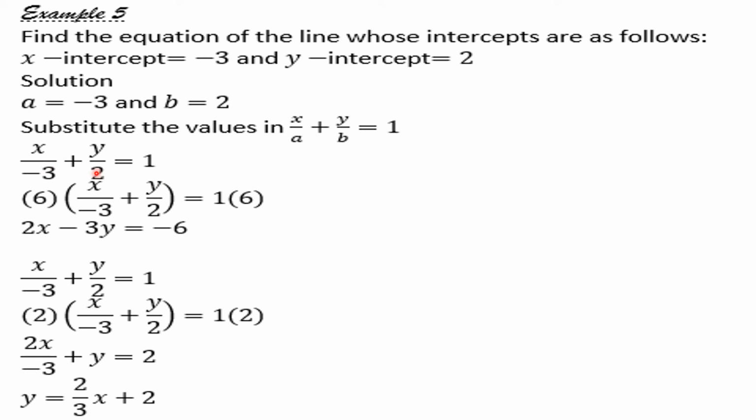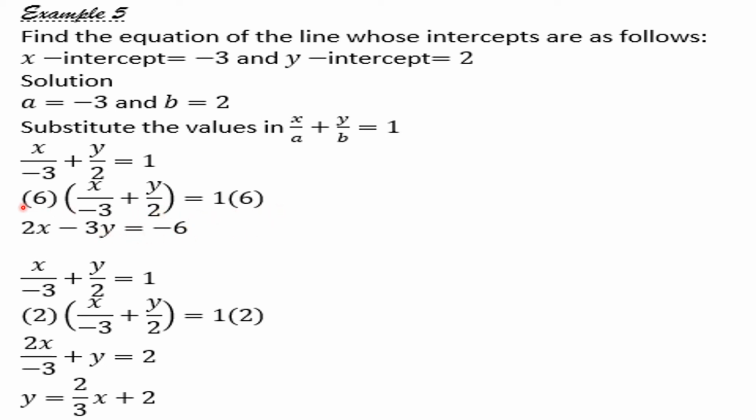So, those two are what we substitute. And then, we multiply both sides by the LCD to remove -3 and +2. So, we multiply both sides by 6. So, we have now 6x divided by -3, that is -2x, and then plus 6y divided by 2, that is +3y equals +6.